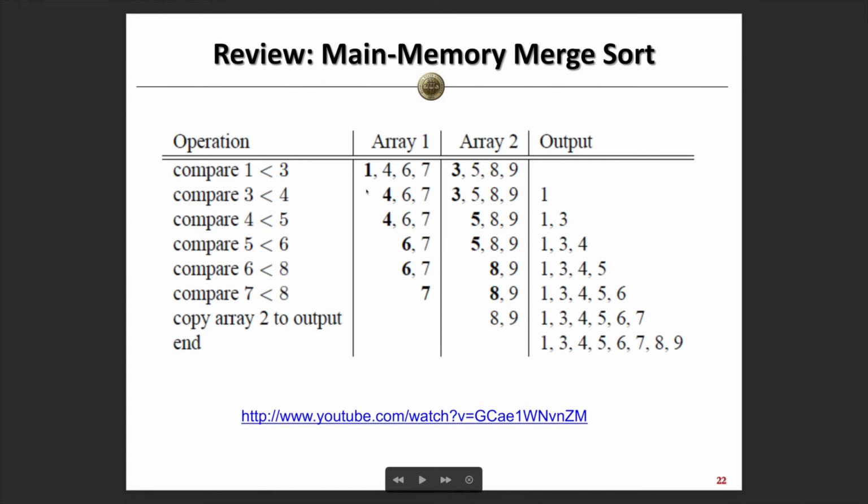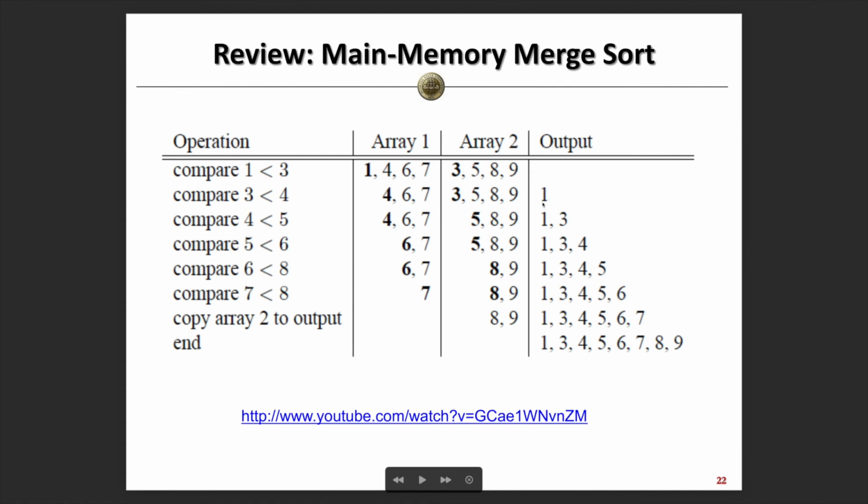The basic idea of merge sort is to scan the two arrays according to the positions. Starting from the head of the arrays, we compare the numbers to decide which one to output. Normally, we output the smaller number into the output array, and then move the pointer to the next position for the one we have output. Let's see this example. We compare the first positions of the two arrays. For array 1, the first number is 1, and for array 2, the first number is 3. We see 1 is less than 3, so we output 1 to the output list.